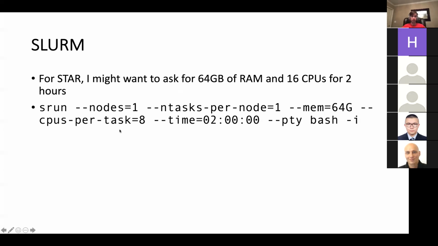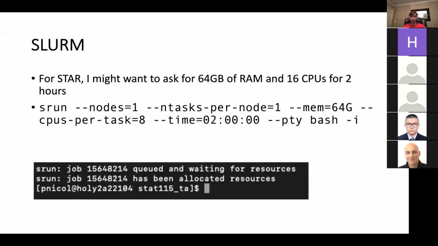CPUs per task, 8. That seems to be a good number. 16 is also possible. Time, this 2 hours. And then I want a bash shell. And then the -I stands for interactive. So that means it's going to give me a terminal on the compute node for which I can type in commands interactively.